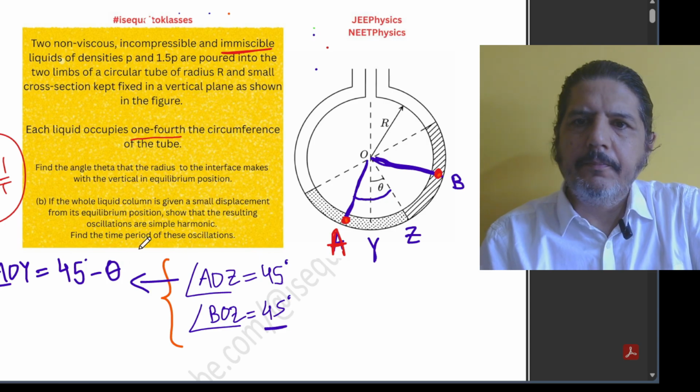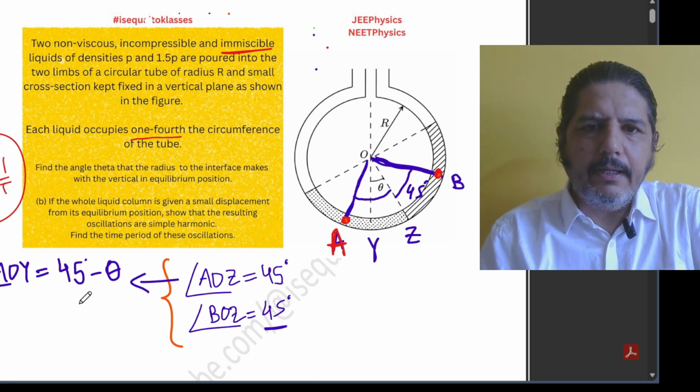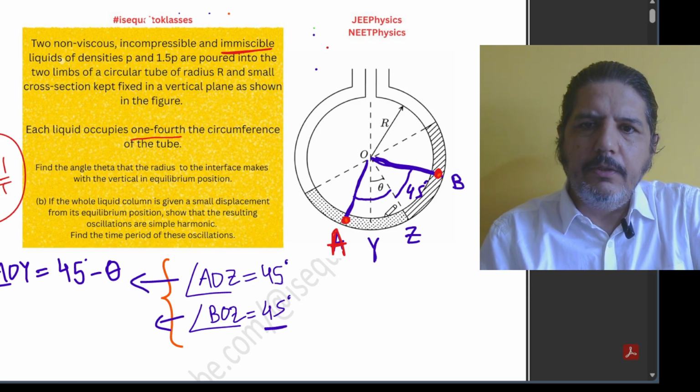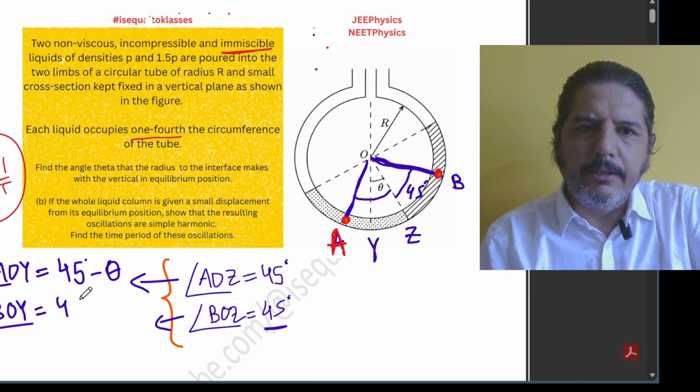Okay, great. Now if BOZ is 45 degrees, then angle BOY would be equal to 45 degrees plus theta.